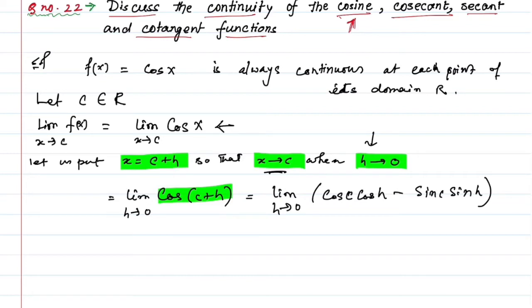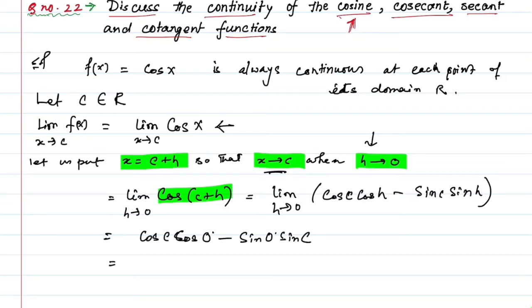Now you can replace h by 0. Doing so, we get cos c cos 0 minus sin c sin 0.